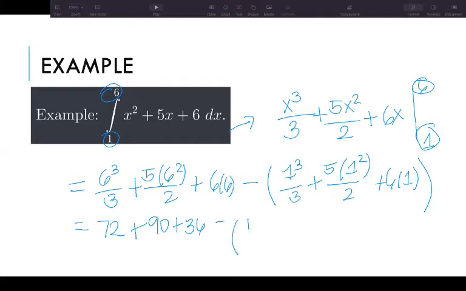Then we have 1 cubed over 3, 1/3. 5 times 1 squared over 2, so 5 over 2, plus 6.